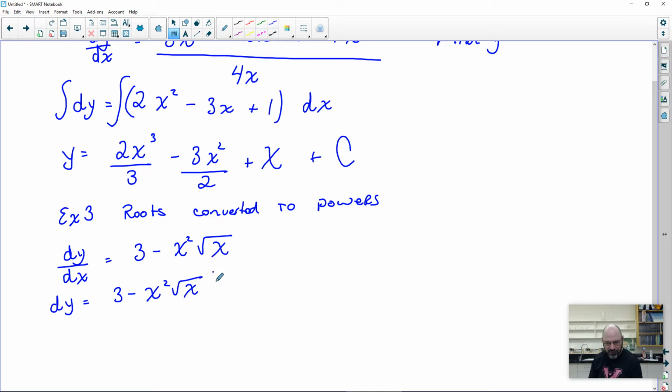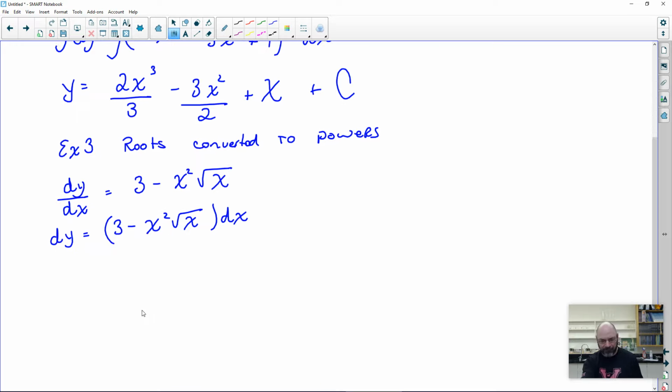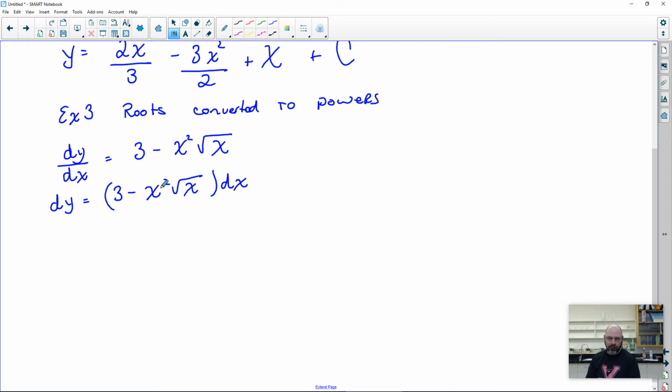Move that dx over like that. Okay, now before we could use the power rule here for antiderivative or integration in this case, we have to convert this into exponential forms. Okay, so nothing happens with the 3. It stays the same. Our first step here is we're just going to say this is x squared times root x, which would be x to the 1/2. Then we have dx.